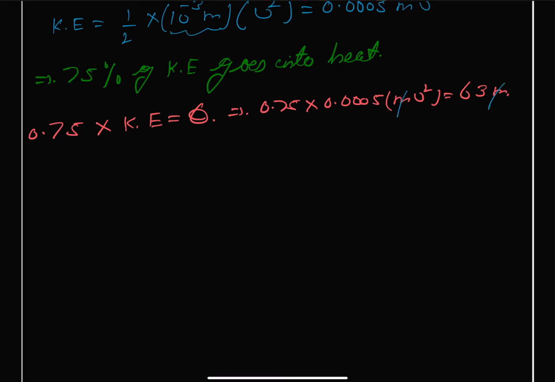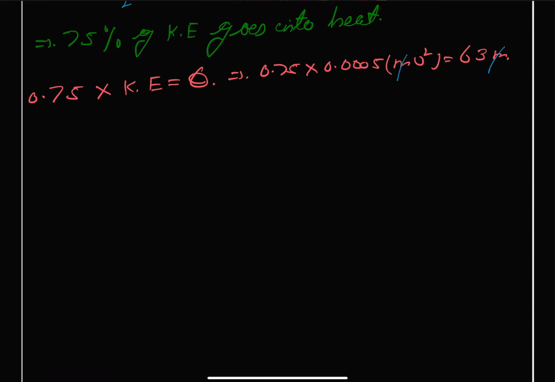M and m cancel out, so we get that our v square will be equal to 63 divided by 0.75 into 0.0005, and from here we can write our velocity is approximately equal to 410 meter per second.